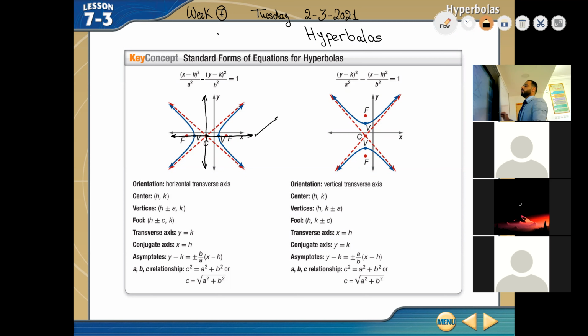In the other, you have a vertical transverse axis. And this is the shape of the hyperbola for the first and for the second. So from the drawing, from the orientation, you can know whether we have horizontal or vertical.